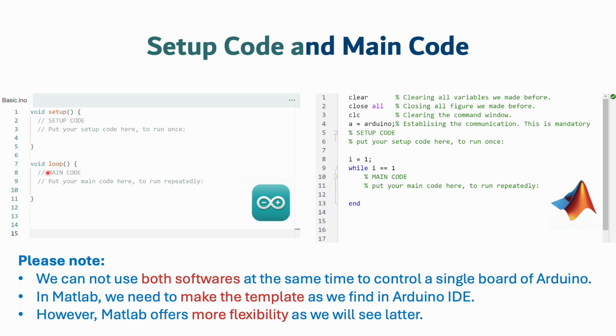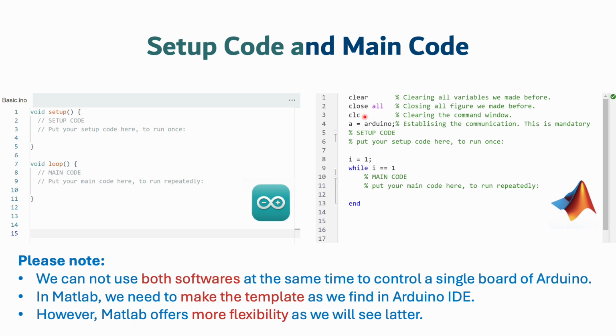Similar to that, in MATLAB, firstly you have to declare clear, close all, clc. I think they are compulsory. Clear is clearing all variables we have made before. Close all is closing all figures or windows we have opened before. And clc is for clearing the command window.